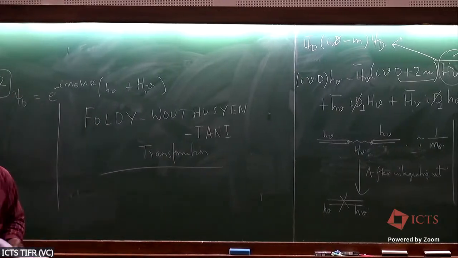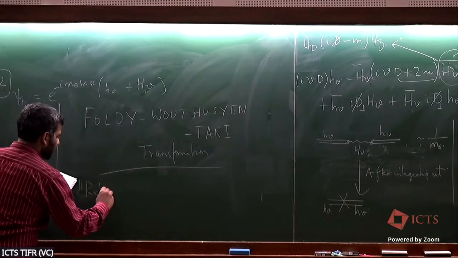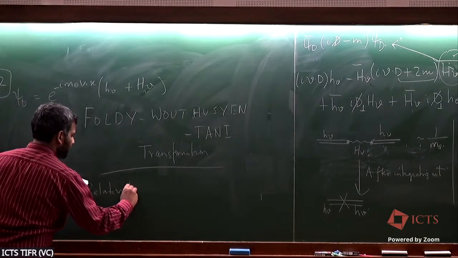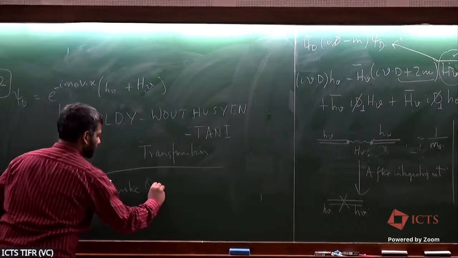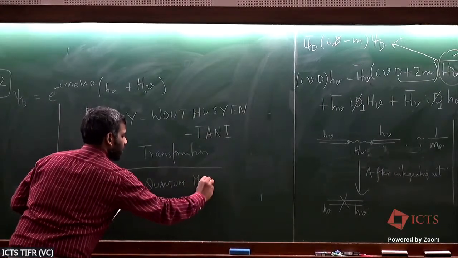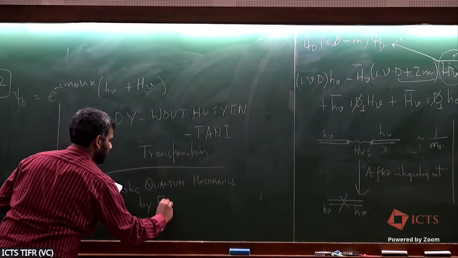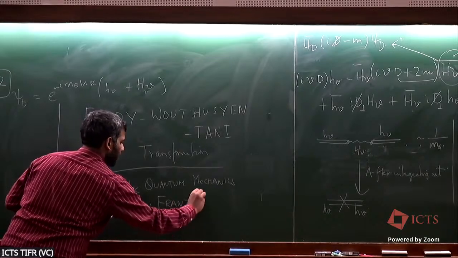This is more used in NRQED derivations, in the sense that you have a Dirac Lagrangian you start with. We will not discuss it here. I will just tell you, if you want the details, look at this book: Relativistic Quantum Mechanics by Franz Gross.